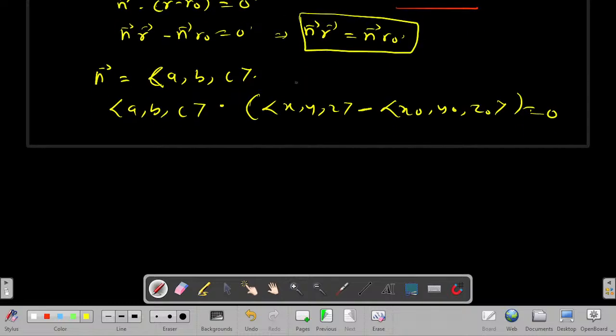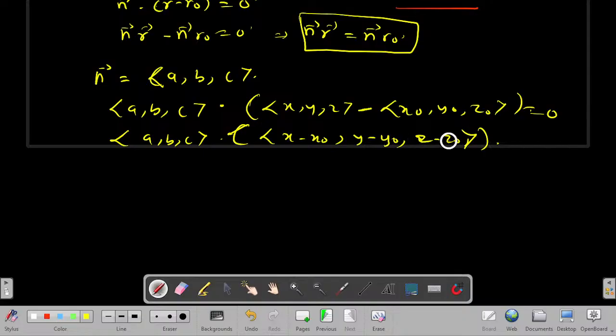So this is still the same vector equation of a plane. You have this a, comma b, comma c, and within this, I'm going to have x minus x naught, y minus y naught, comma z minus z naught. So at this point, our vector equation has been simplified.